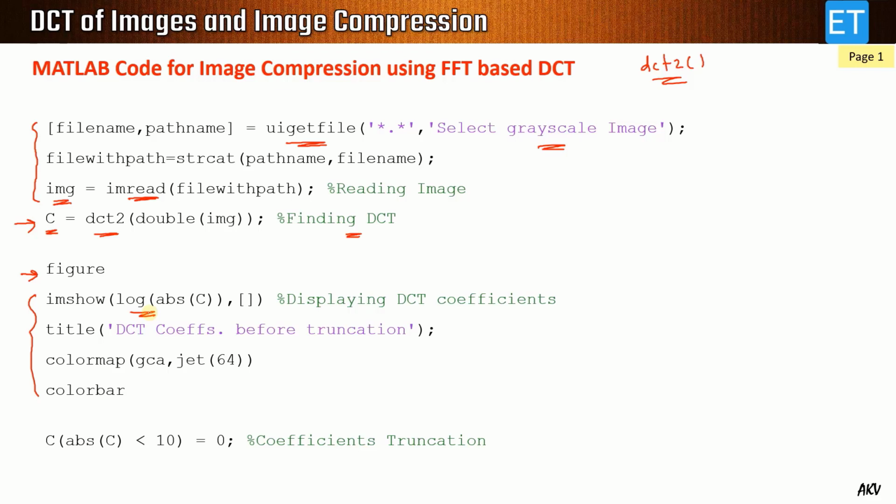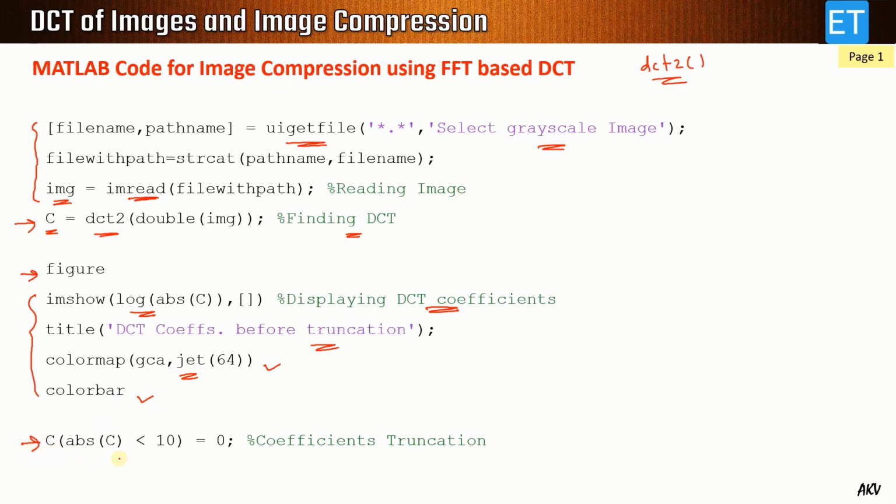If you don't take log, you will get a black or dark image. Otherwise you have to take log so that you can differentiate the magnitudes clearly. So taking the absolute values of C and then taking log, you can display these DCT coefficients properly. With the title DCT coefficients before truncation, I have not used any truncation here. They are just original DCT coefficients. And for representation, I'm using the colormap jet with a colorbar.